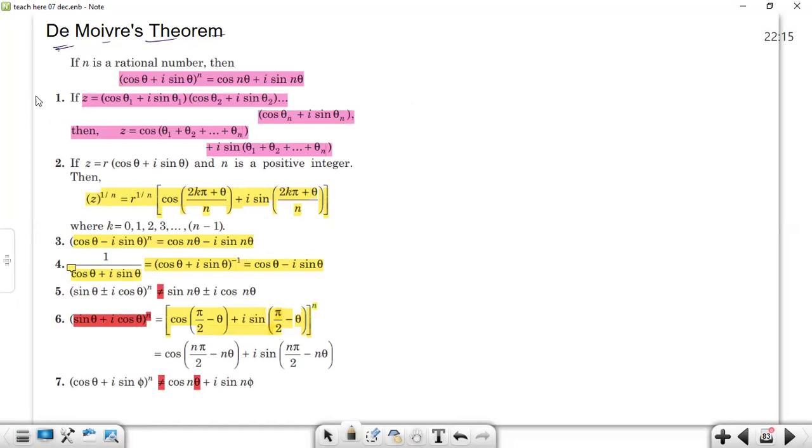So this we have already discussed. Now, if z is a complex number, r is the magnitude multiplied by (cos theta plus iota sin theta), and n is a positive integer. Positive integers are natural numbers 1, 2, 3, 4, 5, 6, where k is 0, 1, 2, 3 to n minus 1.